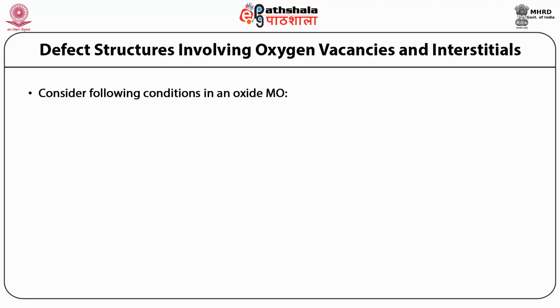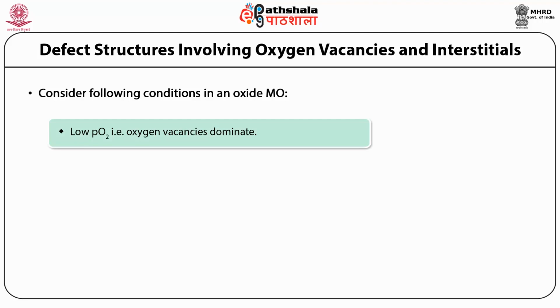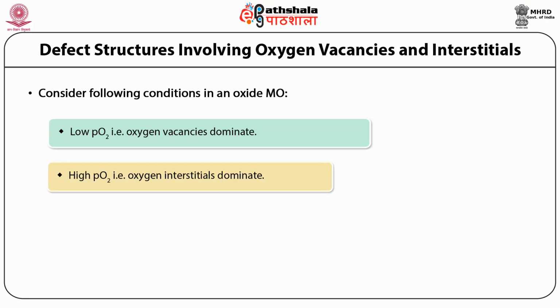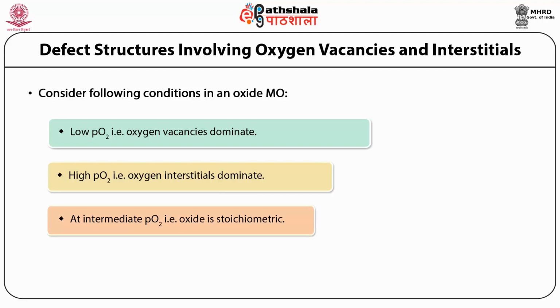Let us consider the following conditions in an oxide MO. First, at low partial pressure of oxygen, oxygen vacancies dominate. Second, at high PO2, oxygen interstitials dominate. Third, at an intermediate PO2, the oxide is stoichiometric.